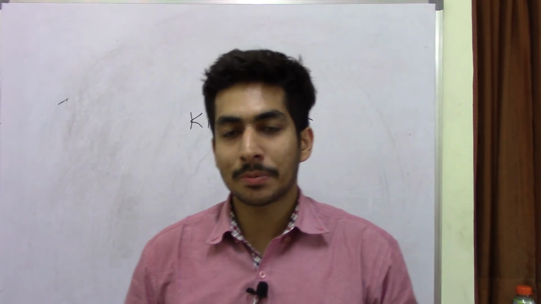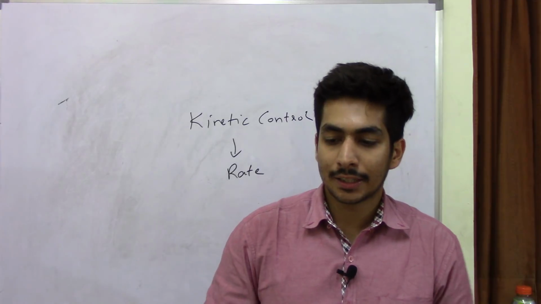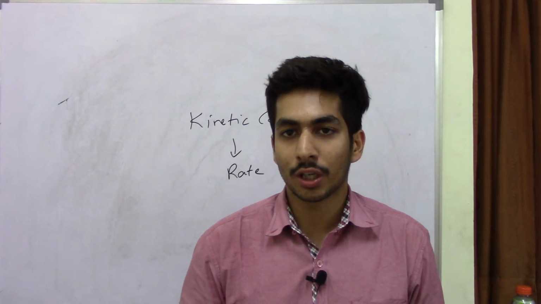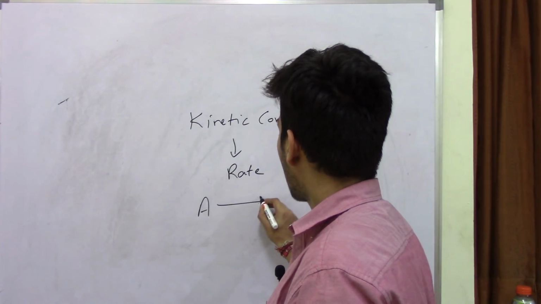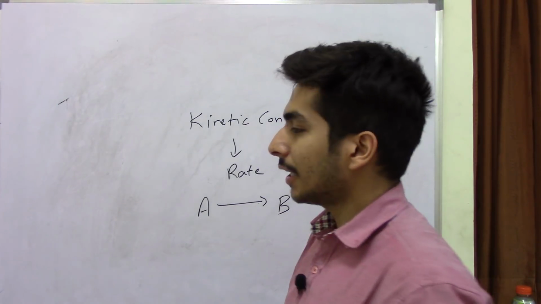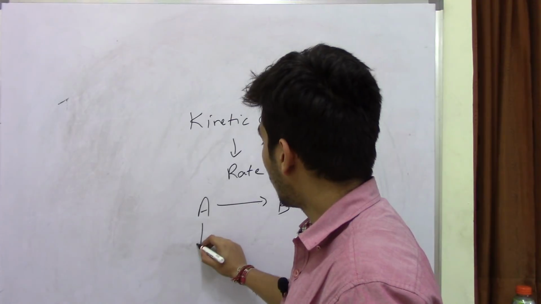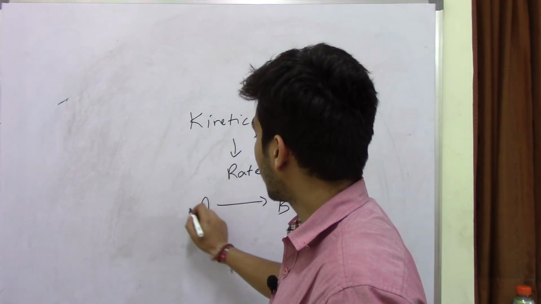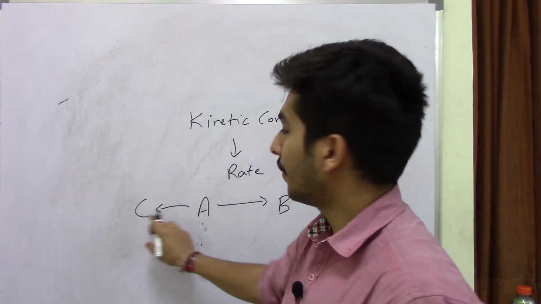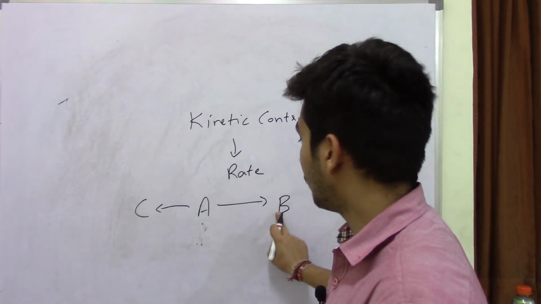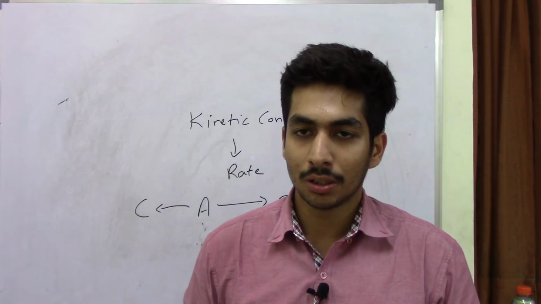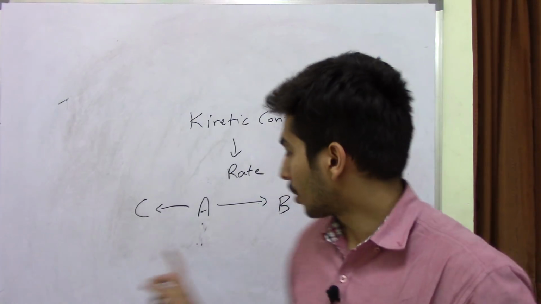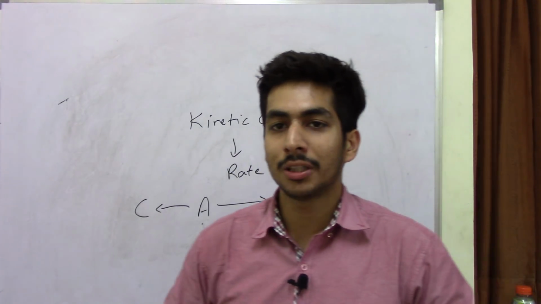Now there's a misconception among the students, and I'll clear that misconception first. They think that something which is more stable, okay, so if we are going from reactant A to product B, then there's also a chance that from A we can get C. Okay, so from A we can get C, and from A we can also get B. Now what students think is that whichever of the two products, B and C, is more stable, that will be the major product.